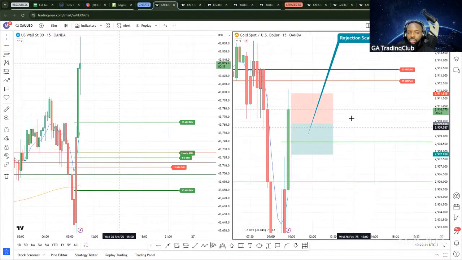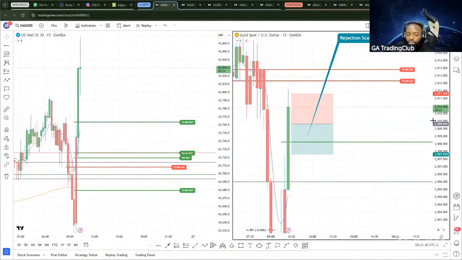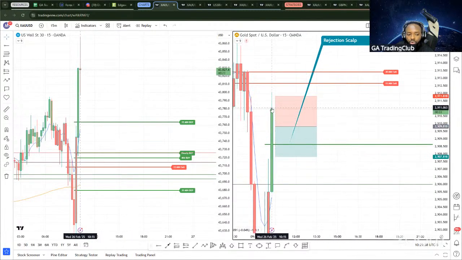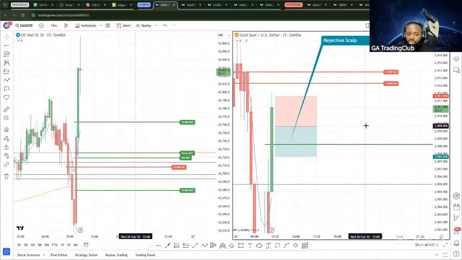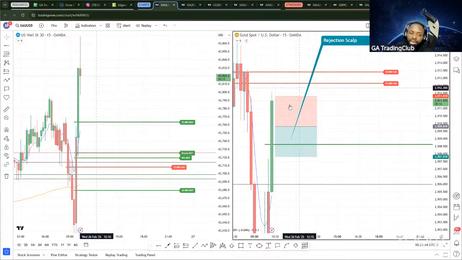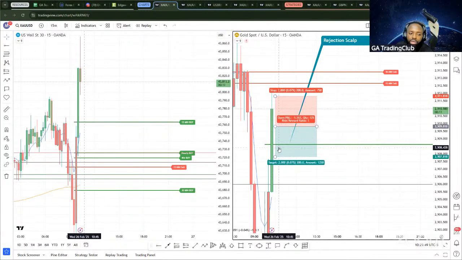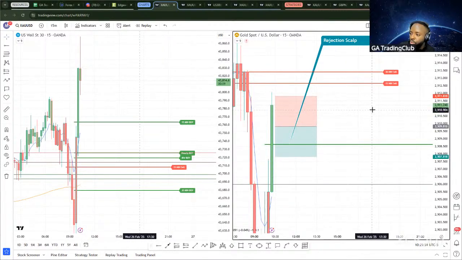So what are the odds, and I'm actually glad this happened, that this candle in the next 25 seconds is going to shoot back down and close below this rejection level? Probably not high. So this probably means that this candle is going to close above this rejection area, and in that case it would be a break and continuation as opposed to a rejection entry.